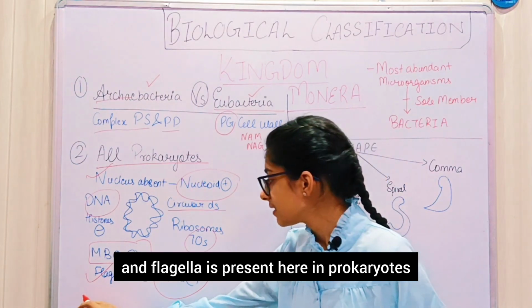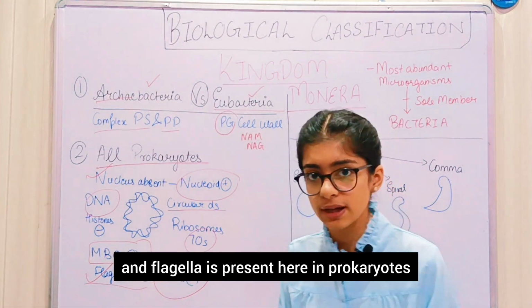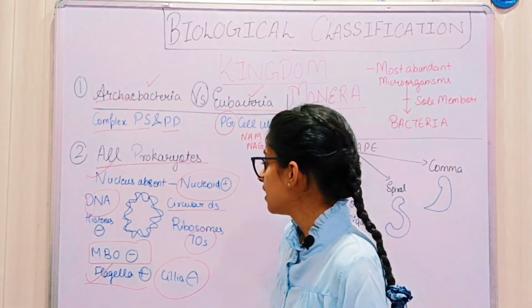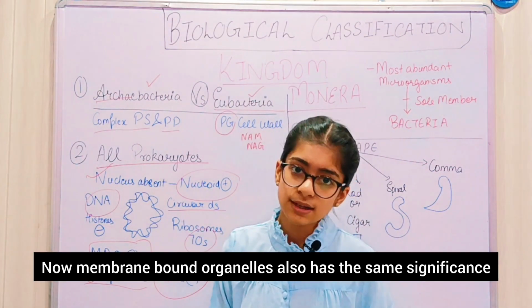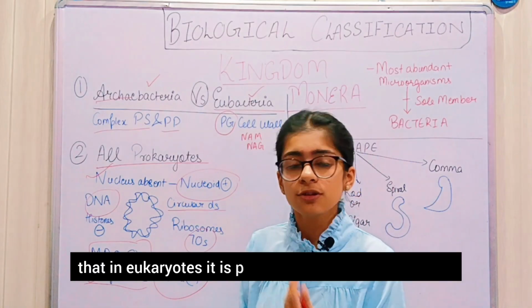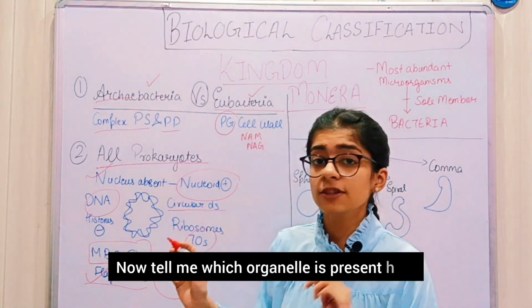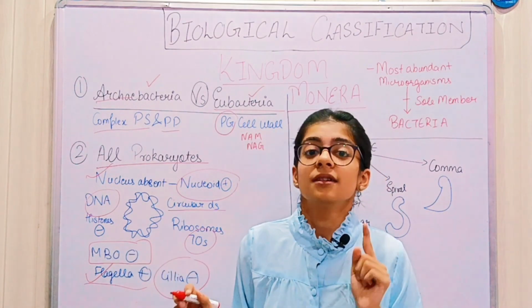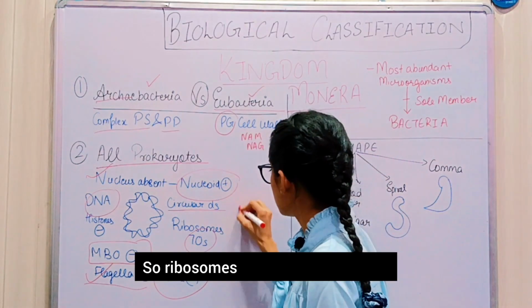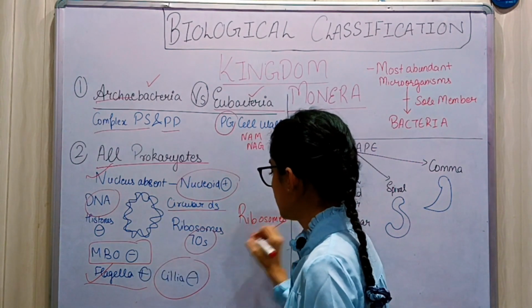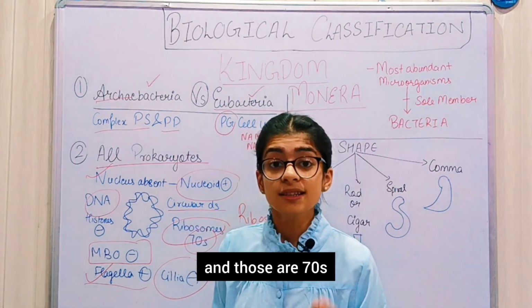And flagella is present here in prokaryotes because they need some locomotory structure, right? Now membrane-bound organelles also have the same significance, that in eukaryotes it is present, so here it will be absent. Now tell me which organelle is present here? Yes, ribosomes. So ribosomes are present here, okay, as I have written here also, and those are 70S.